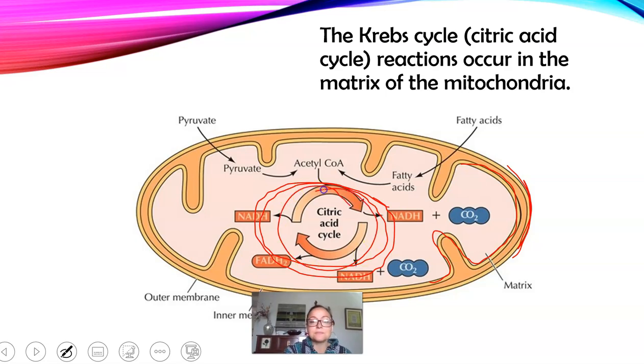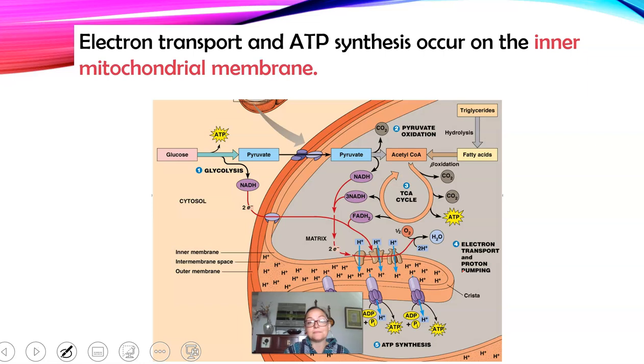So you have your Krebs cycle in one area, and then you have your proton gradient in another. And so establishing that proton gradient can help lead to ATP synthesis. So in this picture here, you can see that proton gradient and the electron transport chain located within that inner mitochondrial membrane, and how that Krebs cycle is happening within the matrix.